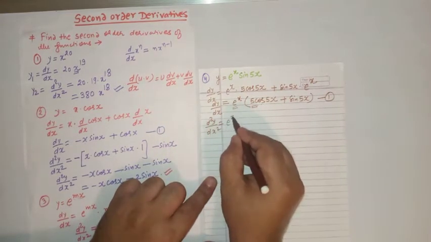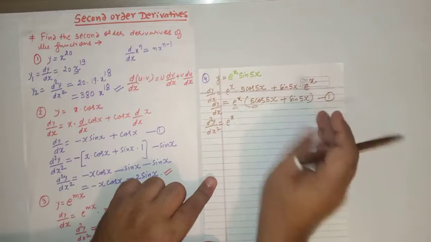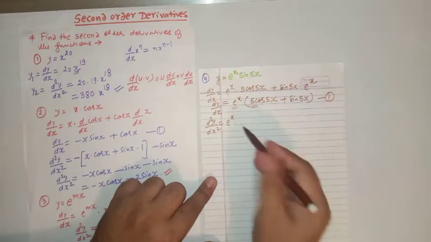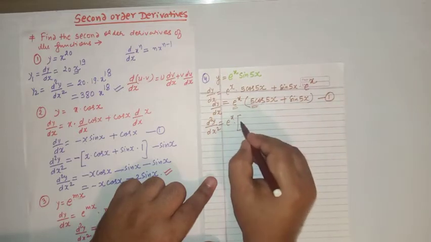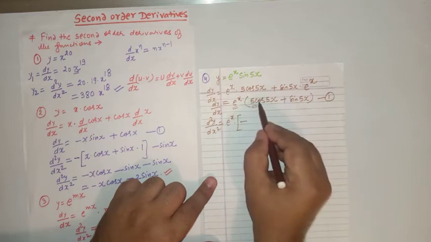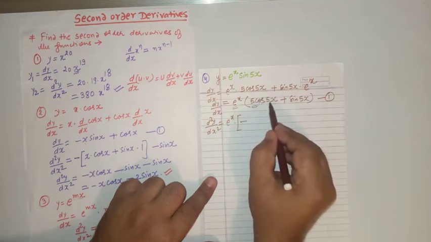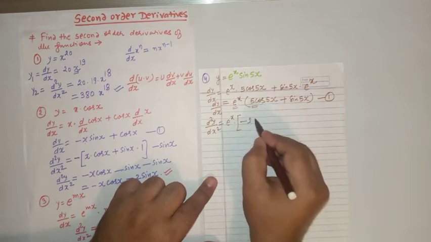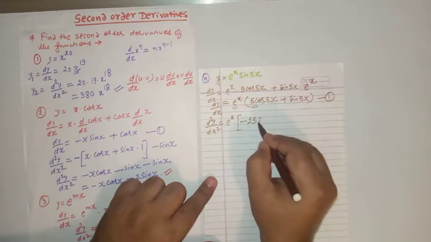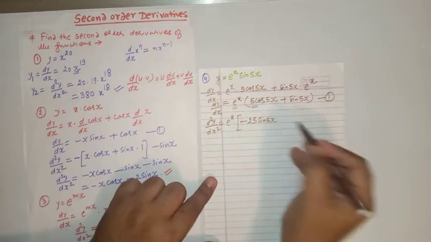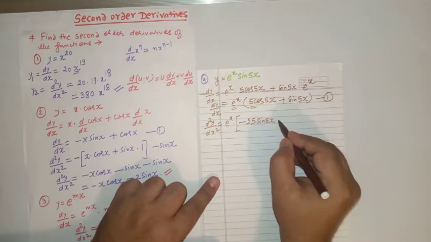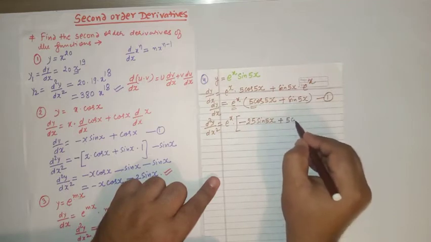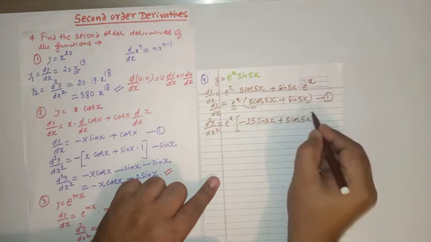So we have e raised to x, derivative of this function is minus, because here we have cos 5x and the derivative of cos 5x is minus 5 sin 5x. So this is minus 25 sin 5x, and then we have plus 5 cos 5x, right?